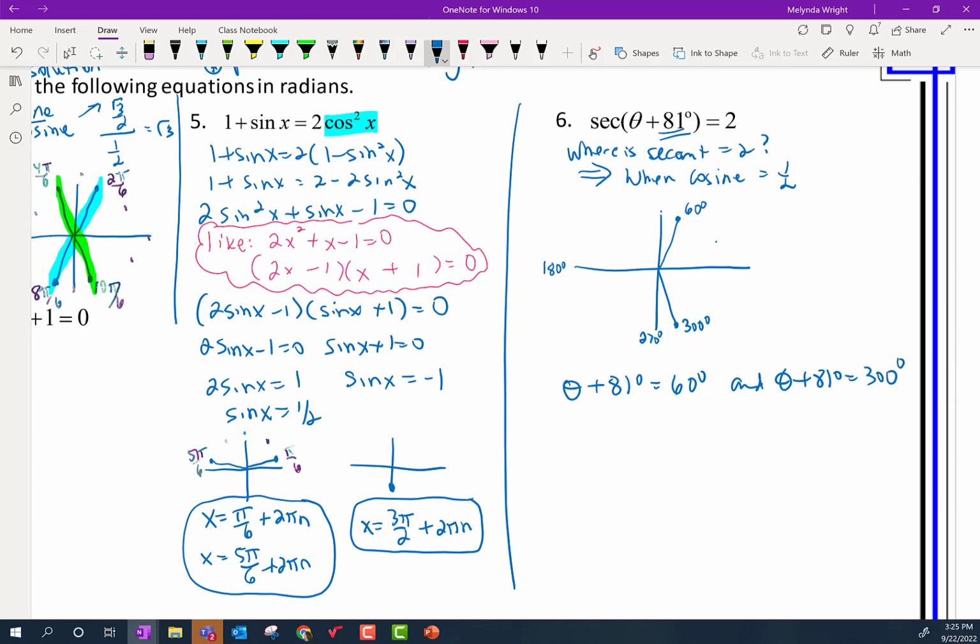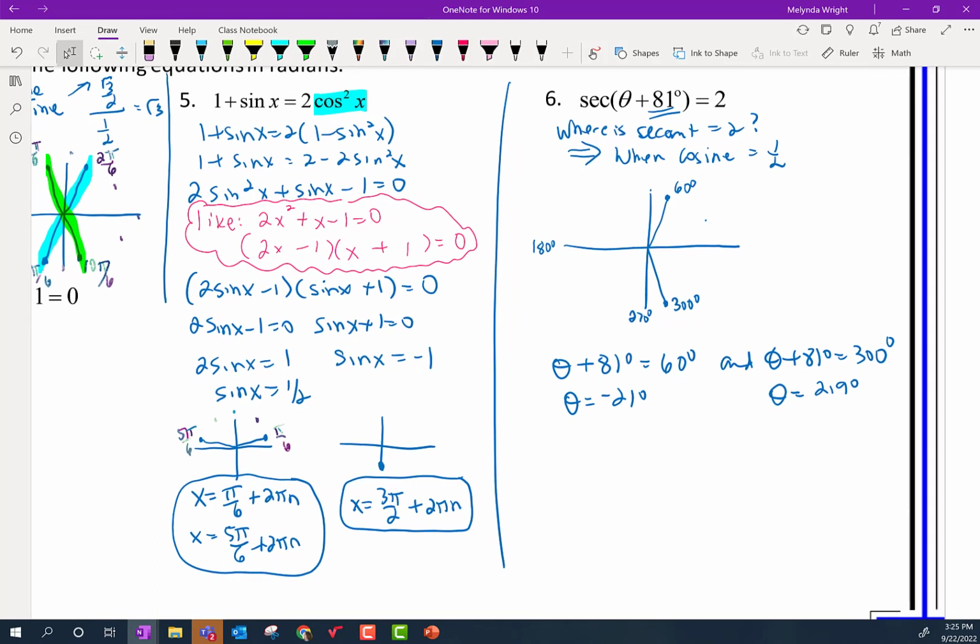Okay, so let's work that out. So theta is going to be 60 minus 81. What's that? -21 degrees. And theta is going to be 300 minus 81. What is that? That's 219 degrees. So we're writing general solutions.